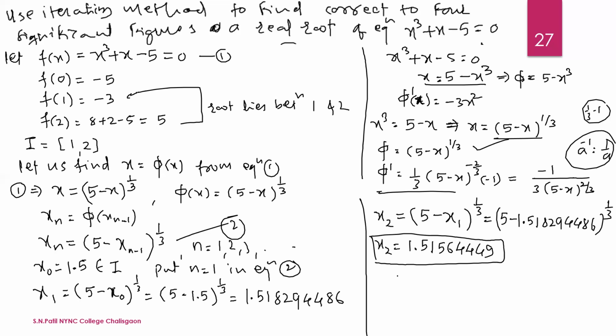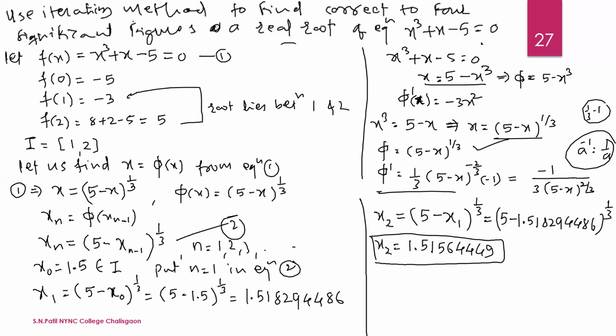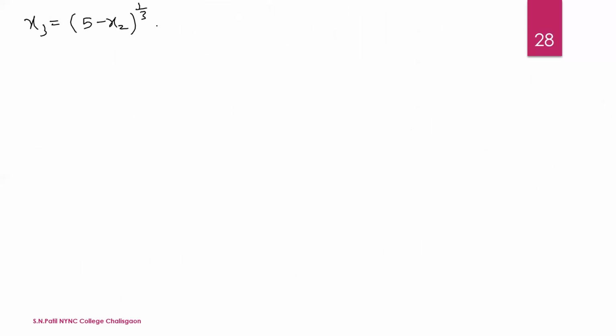Now next iteration, x3 is equal to (5 minus x2) raised to 1 by 3. How we get x3? In equation 2, we put n is equal to 3 here. Now we have the x2, so substitute the x2 here.